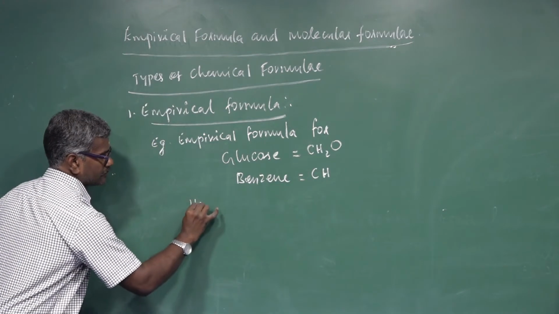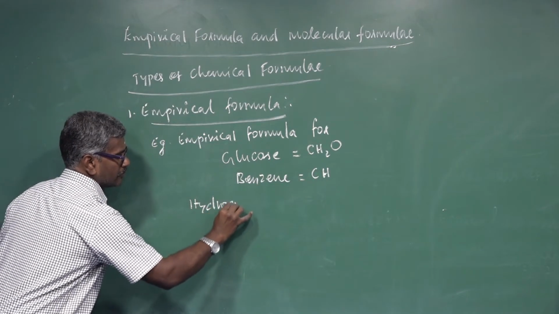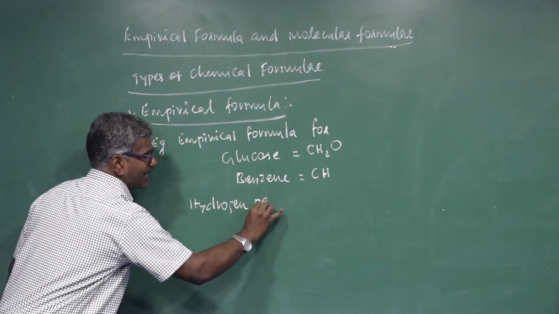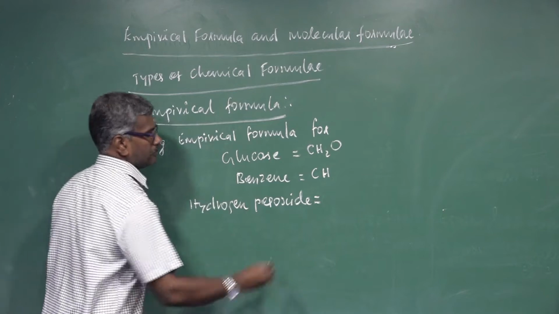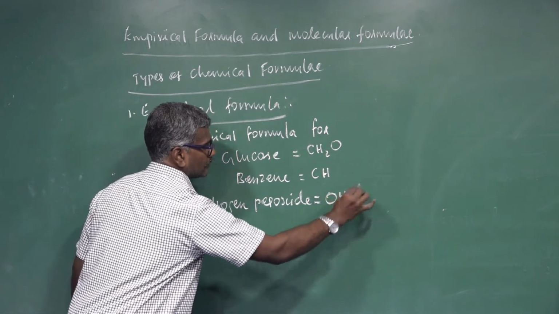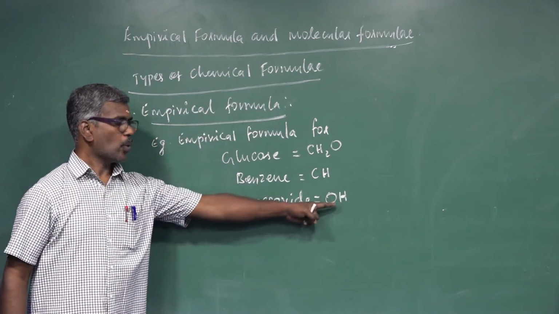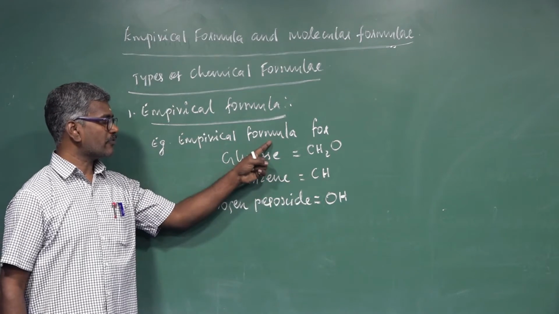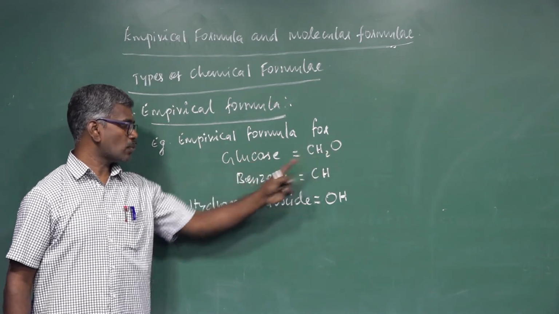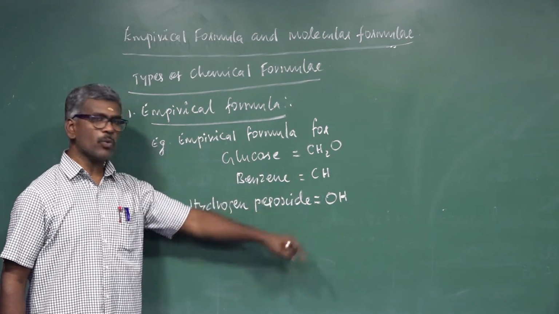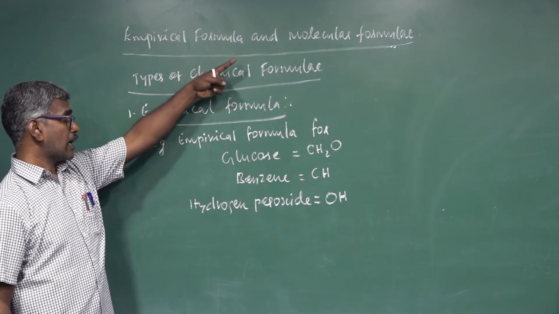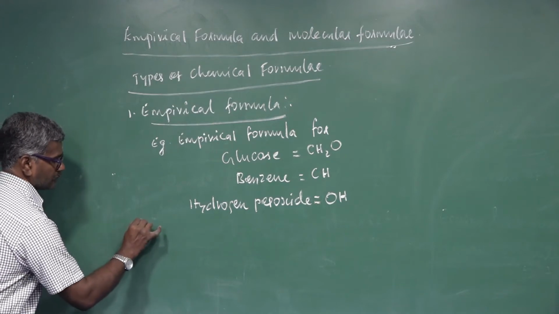Another one, hydrogen peroxide, OH. Empirical formula for glucose CH2O, benzene CH, hydrogen peroxide OH. Next one, molecular formula.